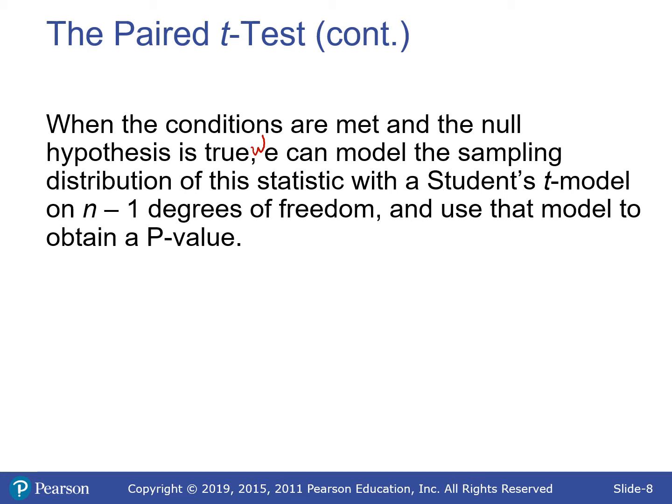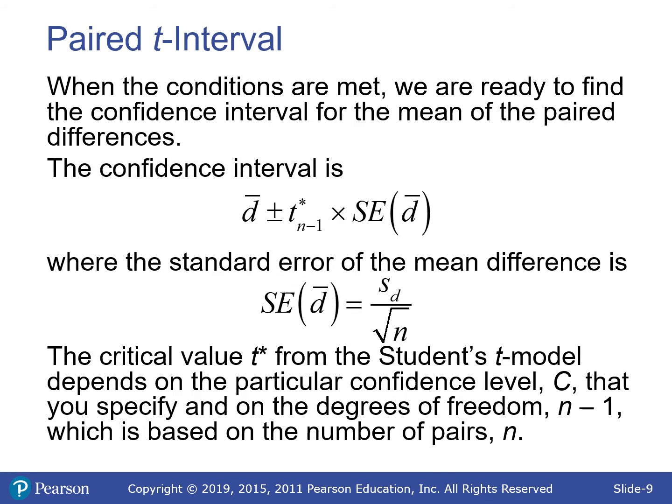Do it in your calculator. It'll give you your degrees of freedom. It'll give you t equals. It'll give you p equals. That t and that p mean exactly the same thing as they have since we started doing these tests. P is the probability of getting the data that you got if the null hypothesis is true. The smaller the p-value, the more evidence we have to reject the null hypothesis.